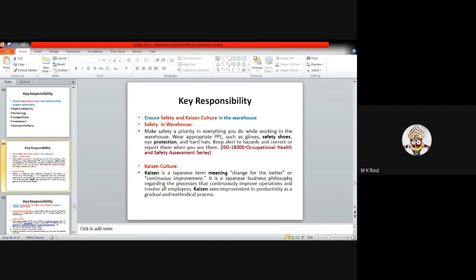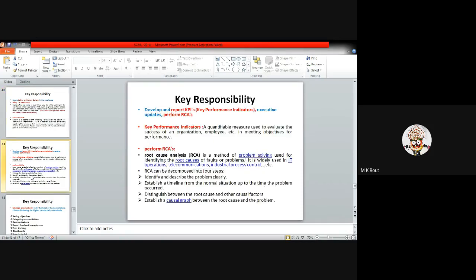It is a Japanese business philosophy regarding processes that continuously improve operations and involve all employees. In the case of Flipkart, Kaizen seeks improvement in productivity, especially with reference to warehouses, through gradual and methodical processes included in warehouse facilities. The next key responsibility is key performance indicators.